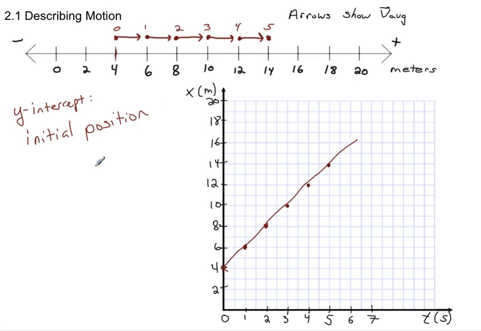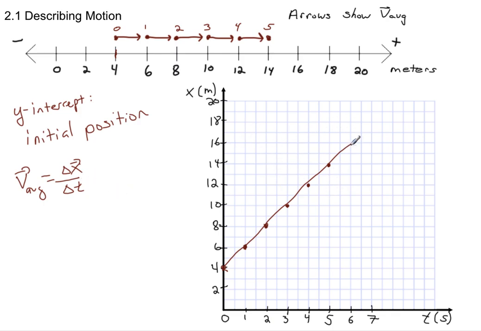Now the average velocity we've already defined. Average velocity is defined as the change in position over the change in time. But we also see this by taking a look at the slope of this graph.